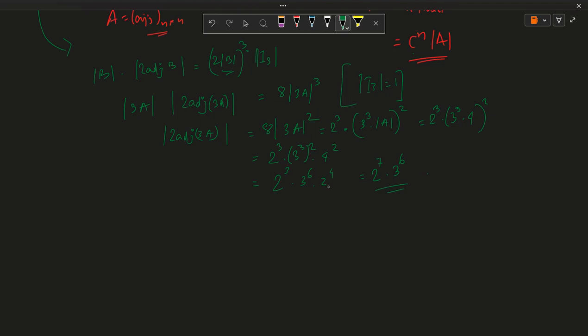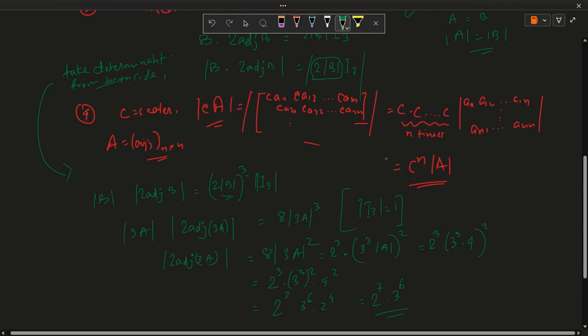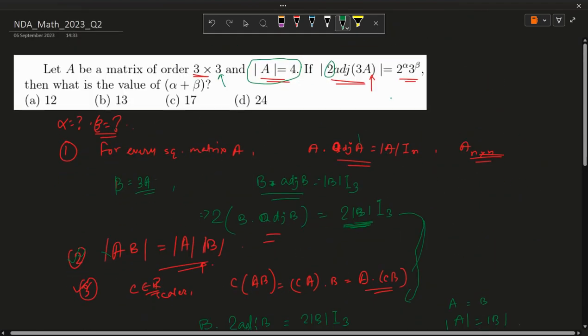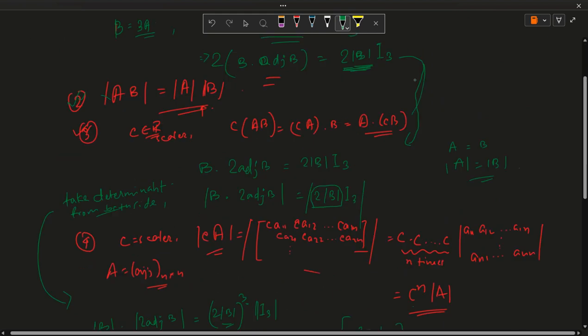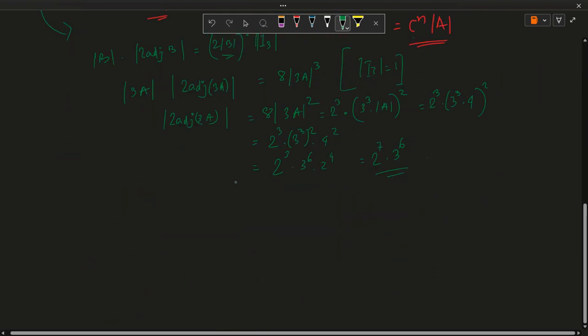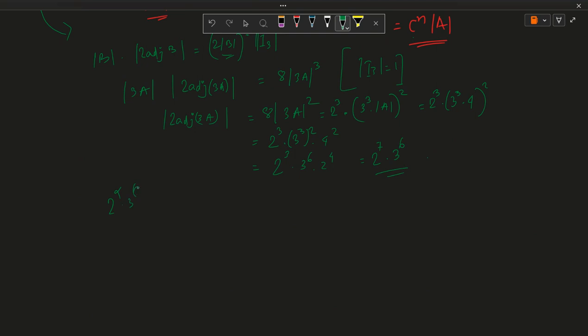So we come to the conclusion that it is given that determinant of 2 adjoint of 3A is 2 to the power alpha into 3 to the power beta. So if we compare 2 to the power alpha into 3 to the power beta equals 2 to the power 7 into 3 to the power 6, we simply get the values of alpha and beta.